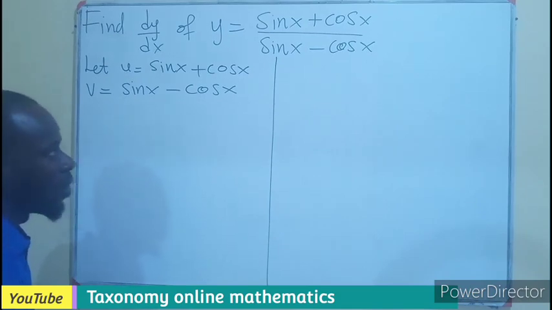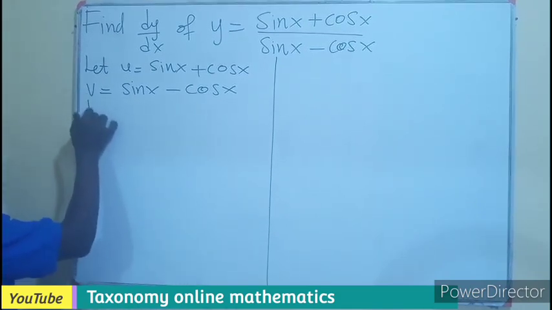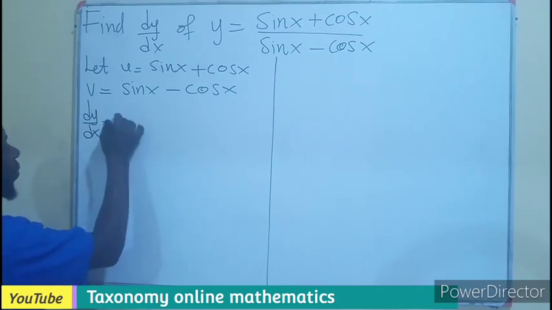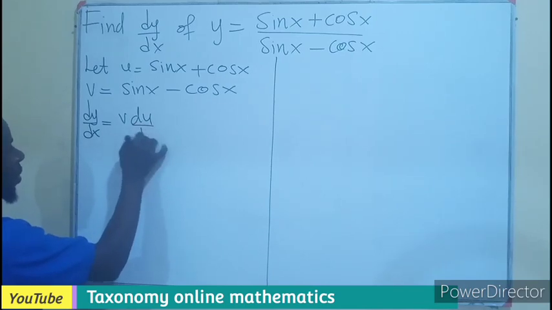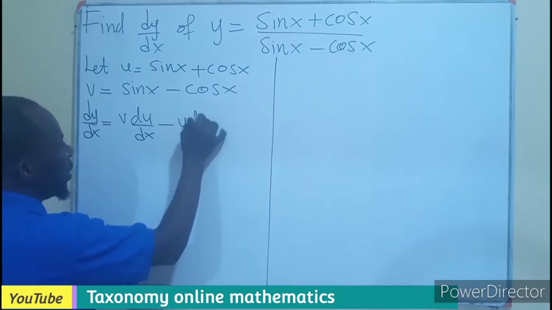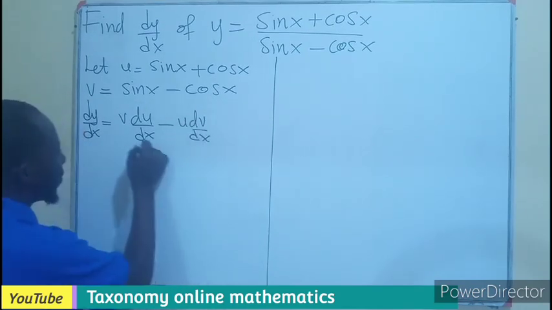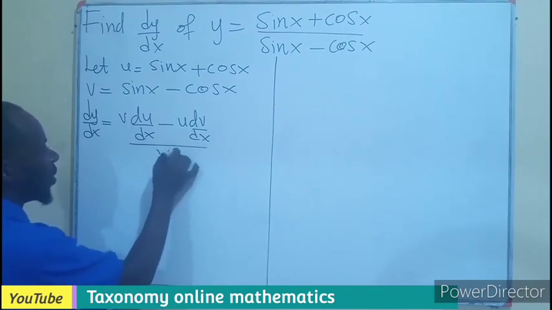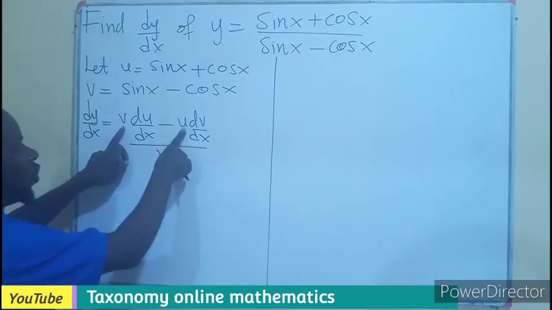I believe we can recall the quotient rule, which says that dy/dx will be equal to v du/dx minus u dv/dx, all this divided by v squared.